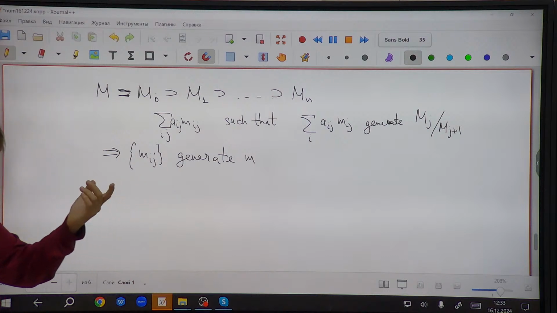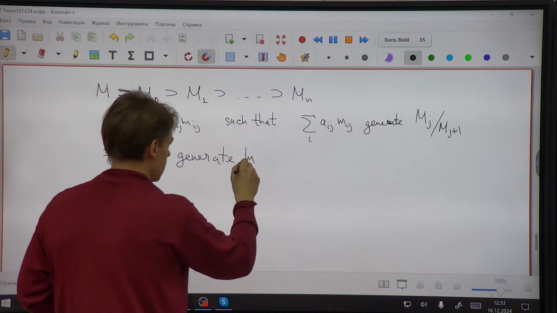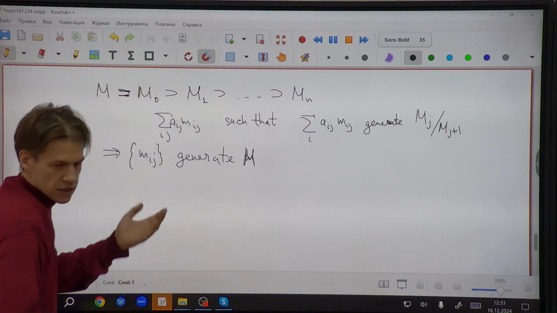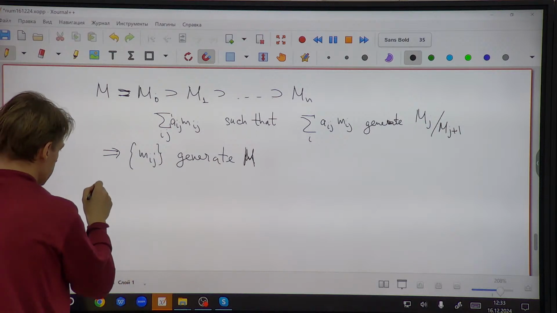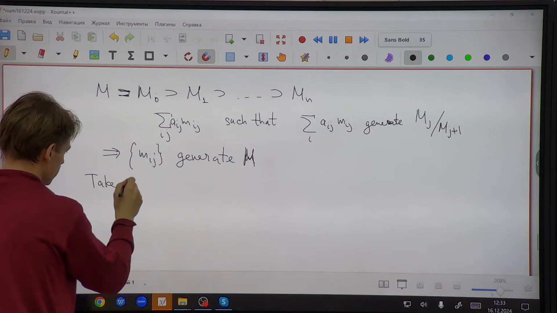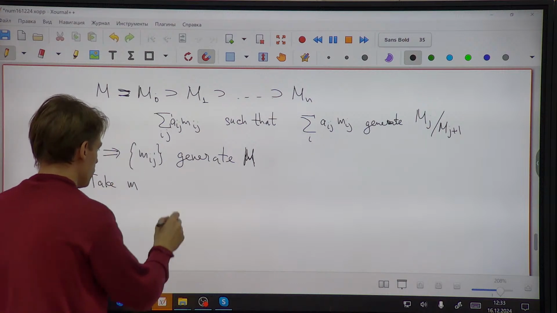And of course it is done as follows. Take an element m.